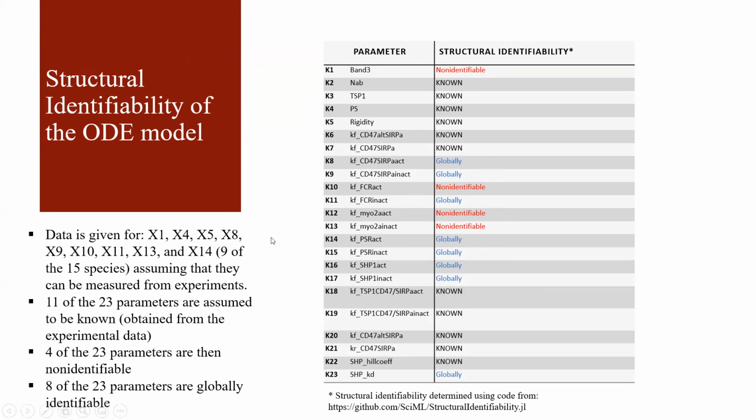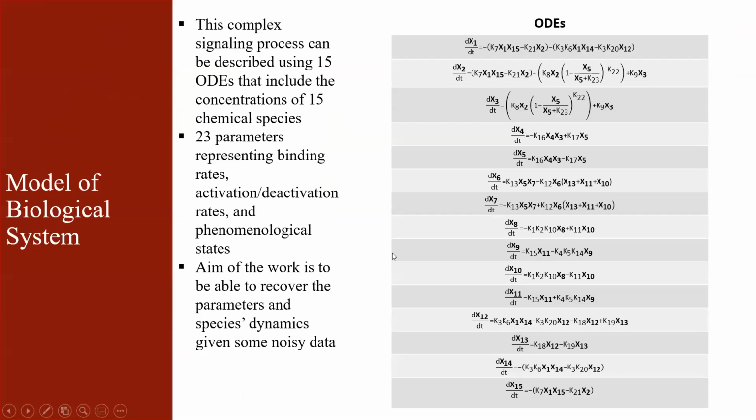Can you give an example of a globally identifiable parameter? If you can go back, let's say K14. That's involved in which equations? Yeah, so K14 is involved in the equation for X11, and it's only in X11.